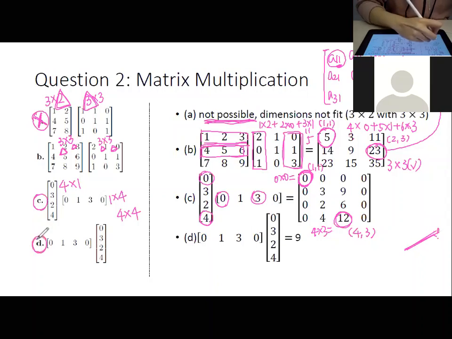And for question D, the size is 1 times 4 and 4 times 1. So we can already know the final answer is a matrix of size 1 times 1. So it's actually a scalar. And this is the solution.